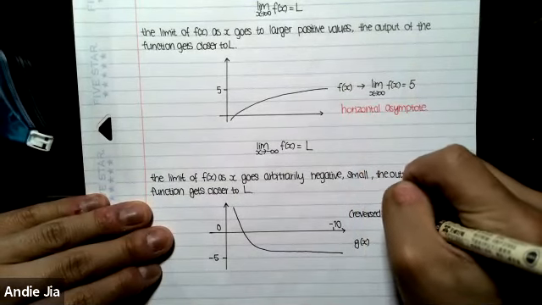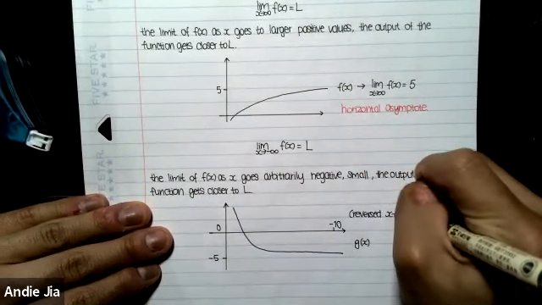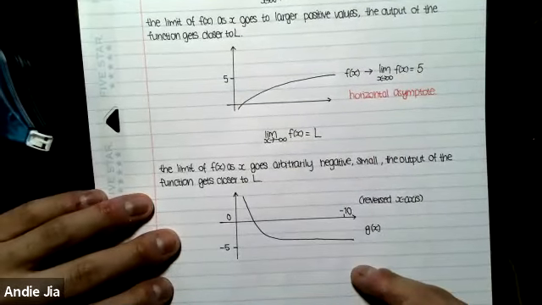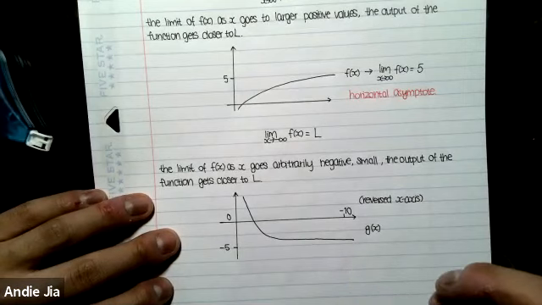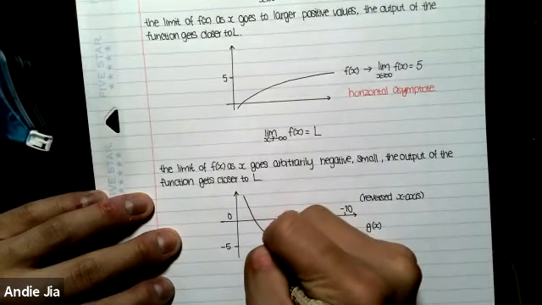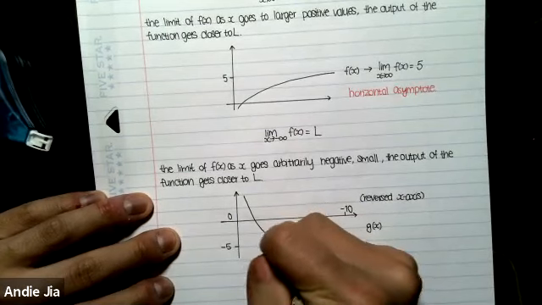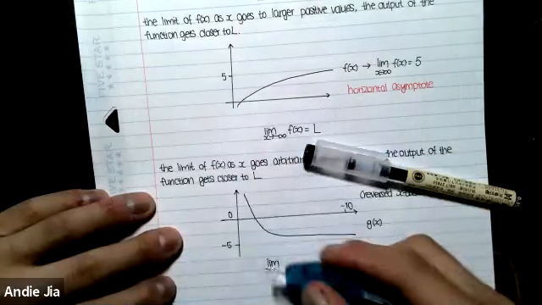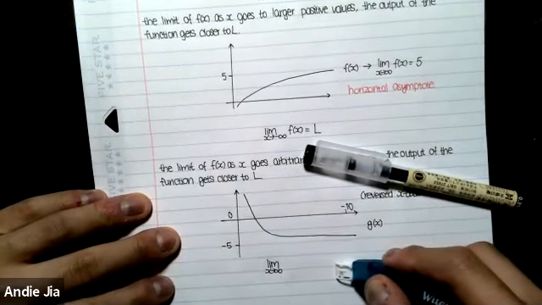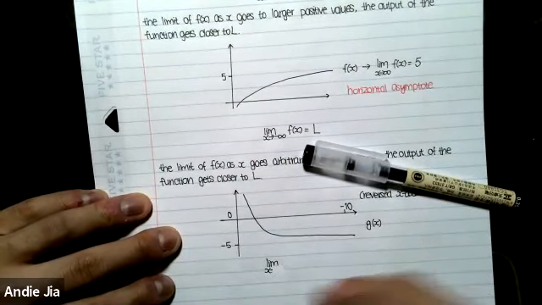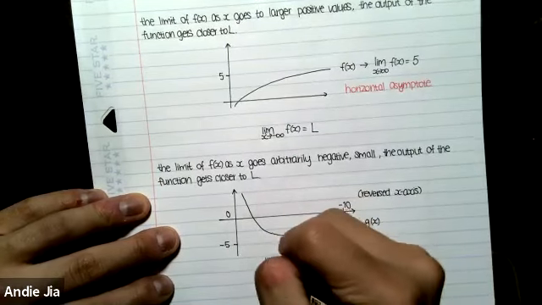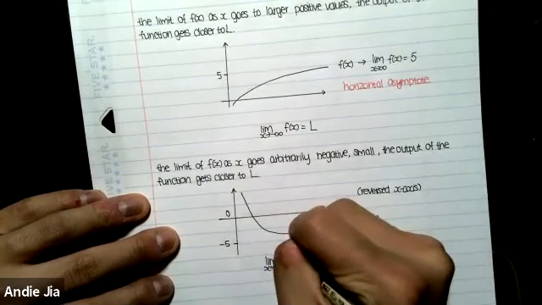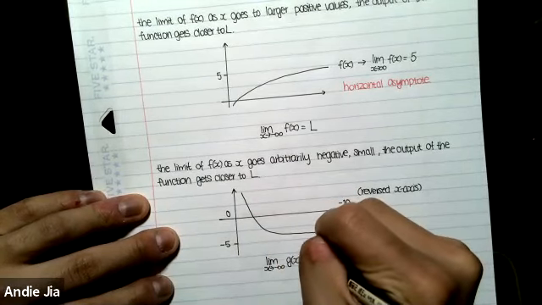It's a reverse x-axis. So as x approaches larger negative values, the limit as x approaches negative infinity of g of x is -5.